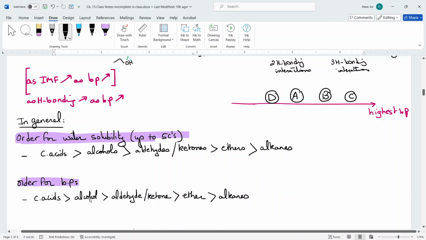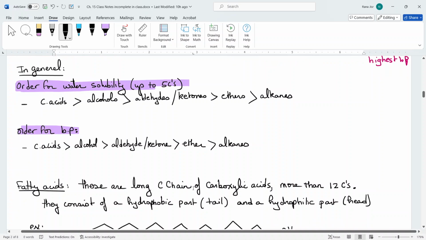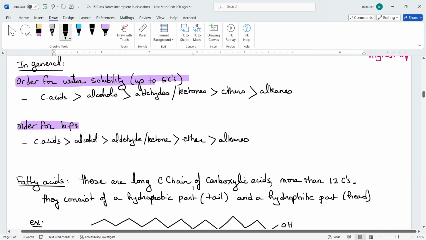Aldehydes and ketones have higher solubility than ethers and alkanes because of hydrogen bonding. They also have a higher boiling point than ethers and alkanes. Okay, so that is the trend for the solubility and the boiling point.